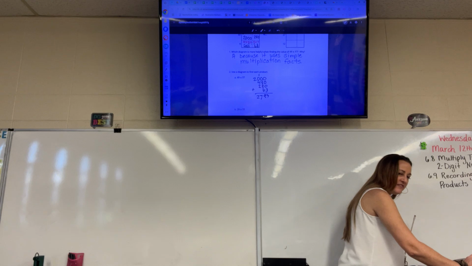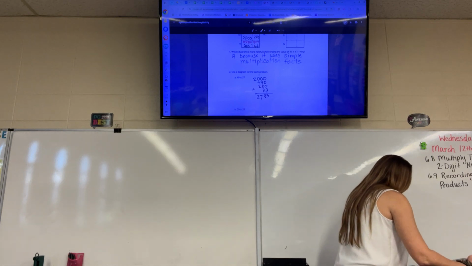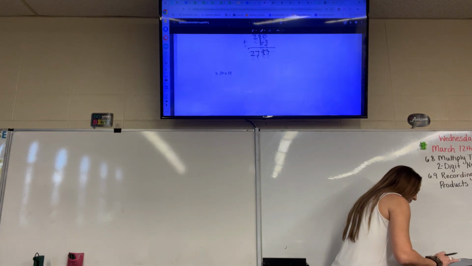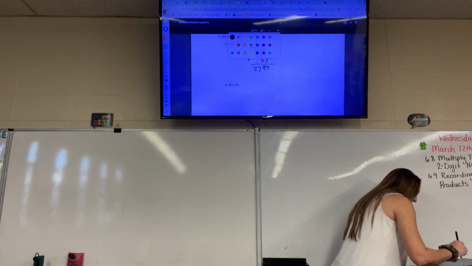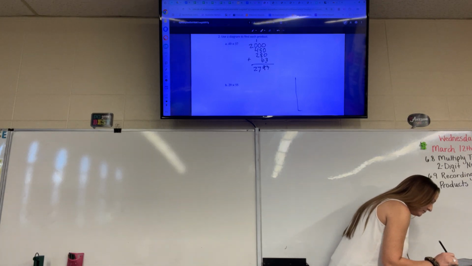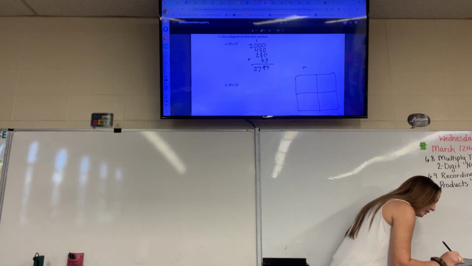Last problem. 29 times 55. Alright, so we're going to make a box to fill this one in. Okay, my bigger number is 55, so I'm going to put 50 and 5, then 20 and 9.